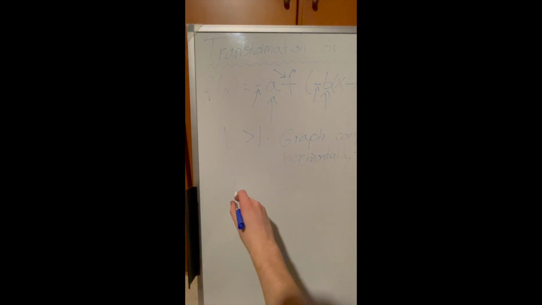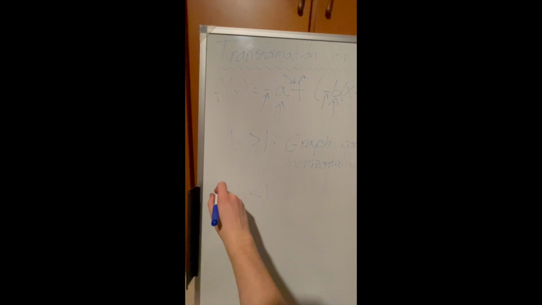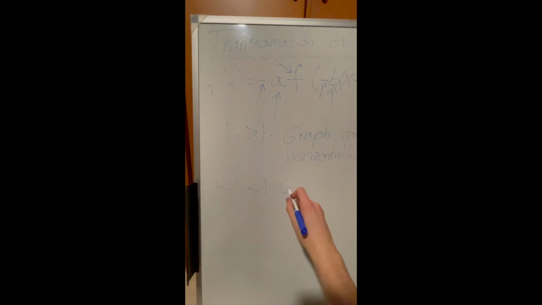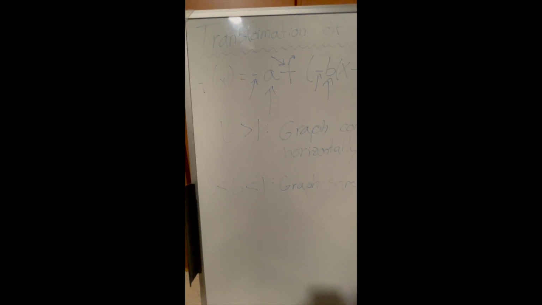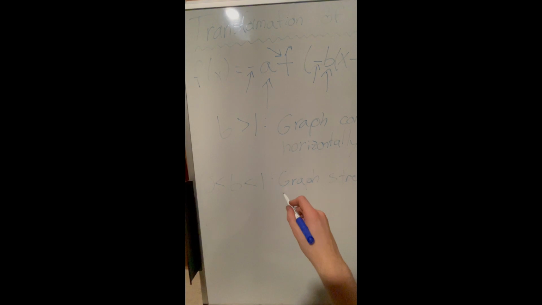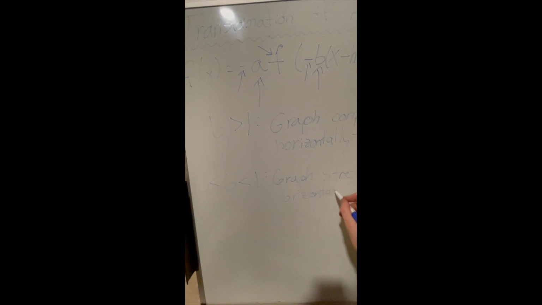If b is smaller than 1, but greater than 0, the graph stretches horizontally, making it wider.